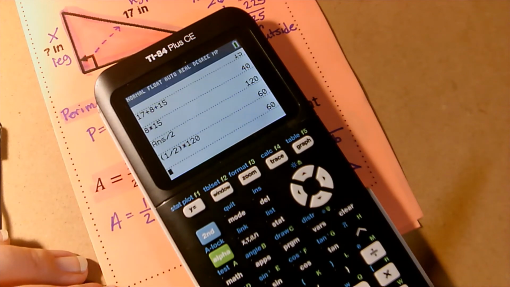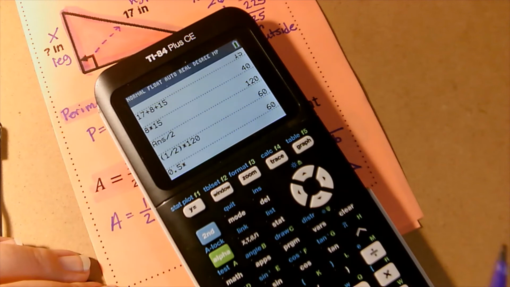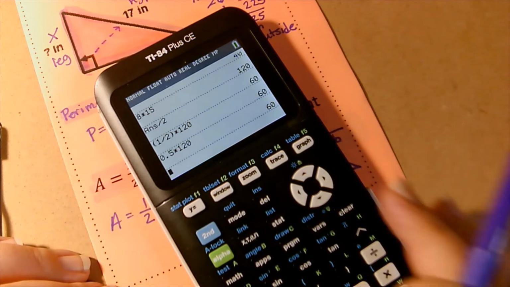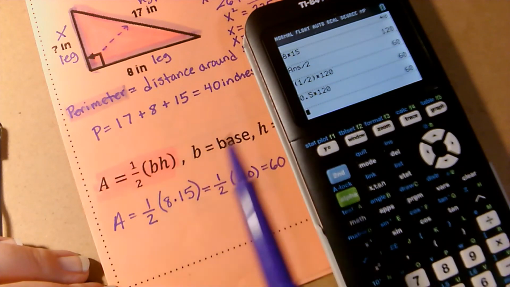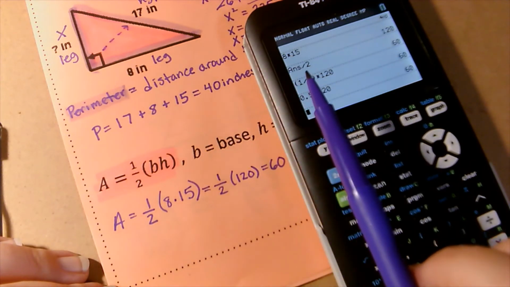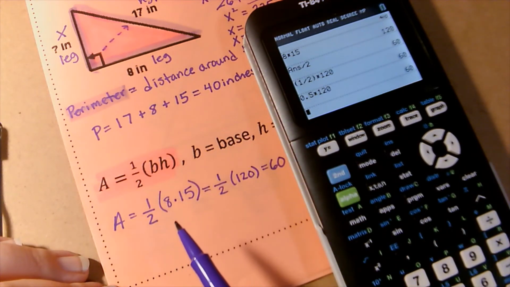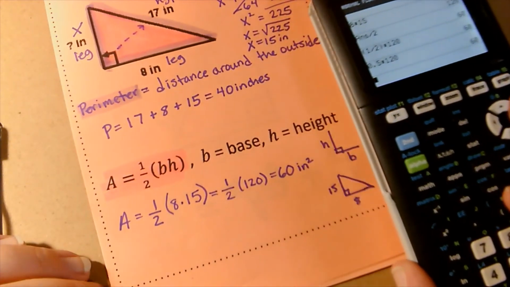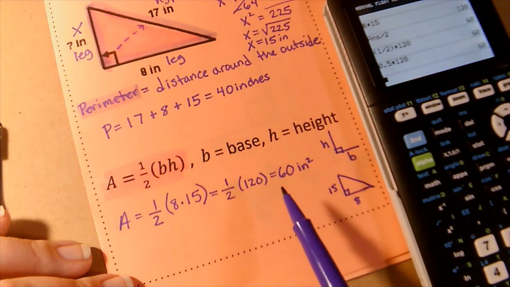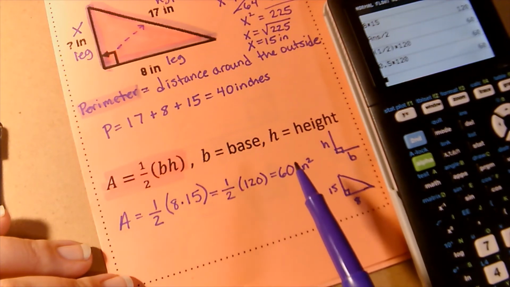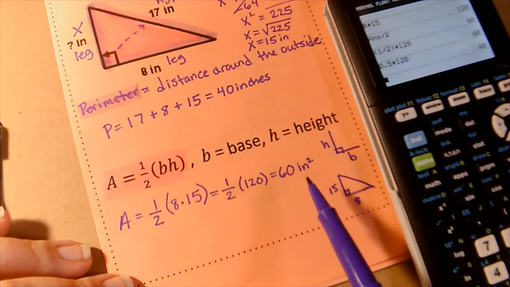Or if I know that 1/2 is 0.5, I can do 0.5 times 120 to get 60. So knowing that a half is 0.5, knowing how to put a half in the calculator is helpful. Knowing that a half just means to divide it by 2, those are 3 different ways that I can figure out the answer to this area problem. First, I do base times height, then I take a half of it. So our area for this triangle is 60 square inches.